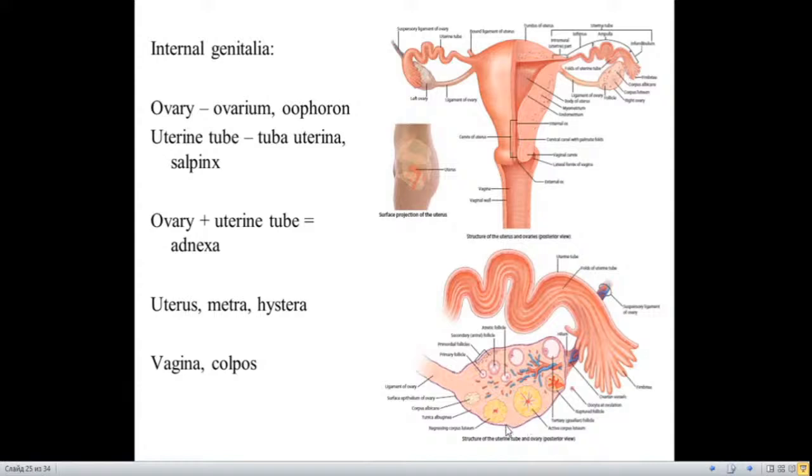Actually, the ovary is not covered by peritoneum. It is covered by a very thin layer of germinal epithelium, and it allows the oocyte to pass through it.